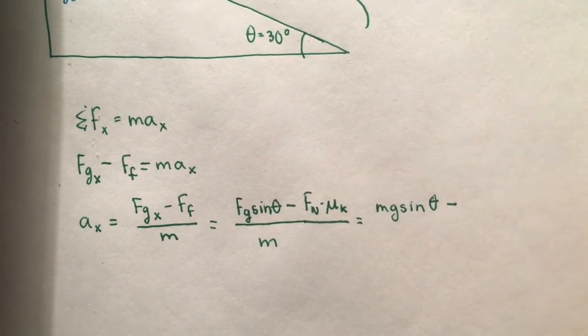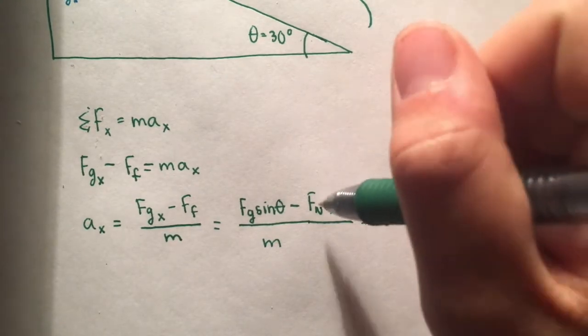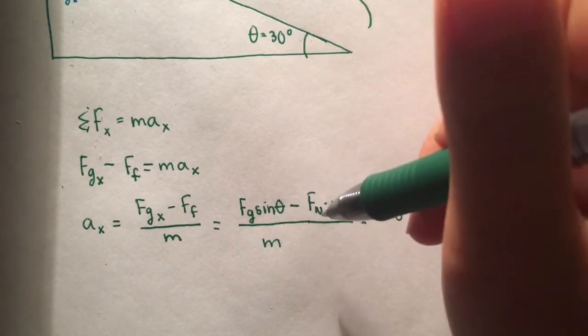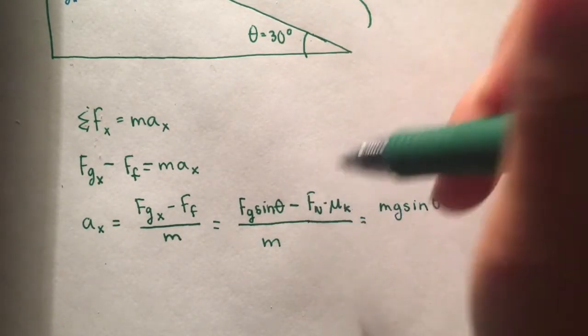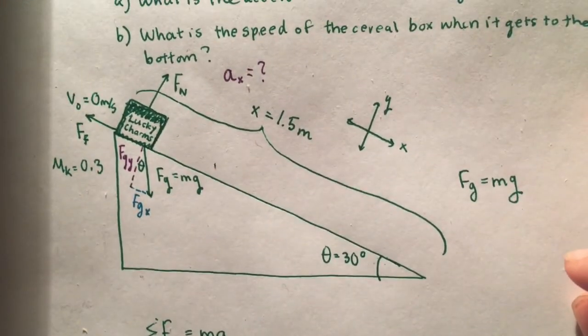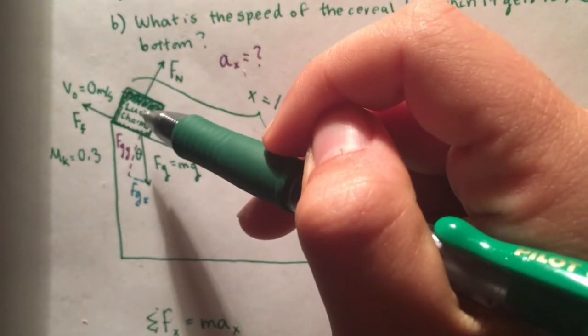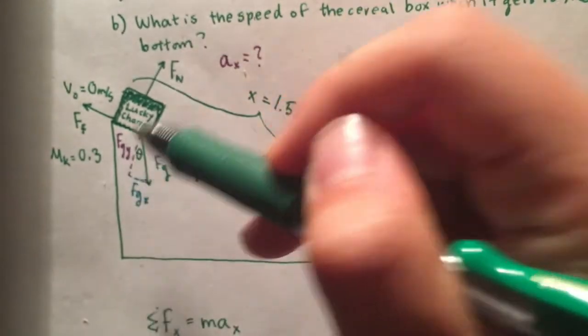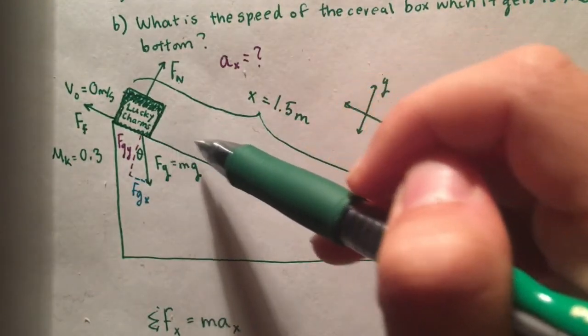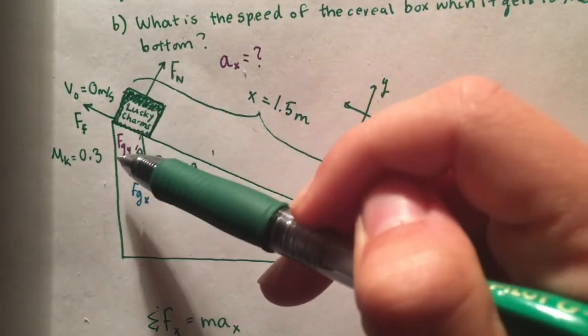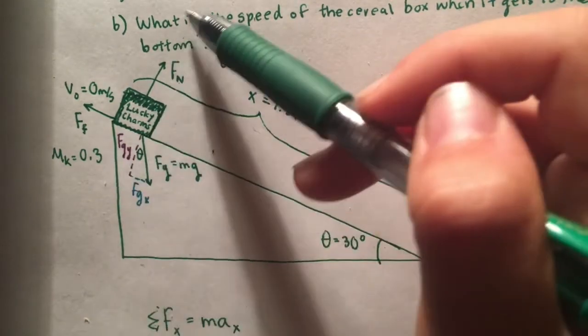minus, let's talk about the normal force. This is super key. This is probably the most challenging part of the problem. If we look back at our picture, the box is not accelerating along the y-axis, or perpendicular to the plane. The box is only accelerating along the x-axis, or down the plane.